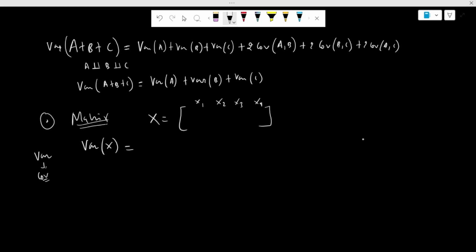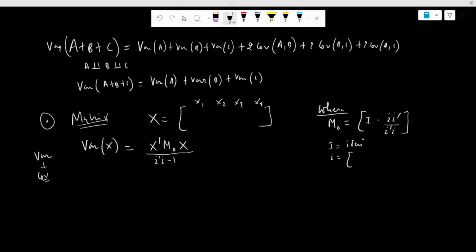So this is equal to X transpose M0 X divided by n, where M0 is our deviation from mean matrix. It is an idempotent matrix, and we calculate it by using this relationship where I is our identity matrix, and small i is a column of ones of the order n by 1. We have already discussed this topic in our earlier videos.